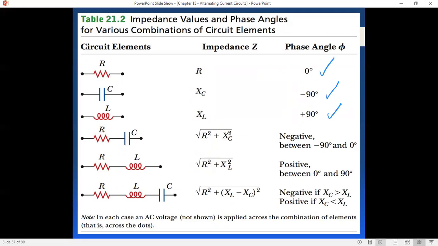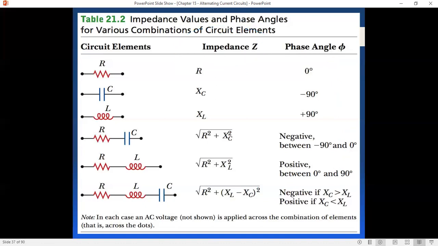For the inductor, the voltage leads the current by 90 degrees. We're going to calculate impedance later on, so don't worry about that so far. If I have a purely capacitive load, it will be between 0 and 90 degrees in terms of the phase angle. If I have a purely inductive load, it'll be between 0 and 90 degrees in the positive direction.